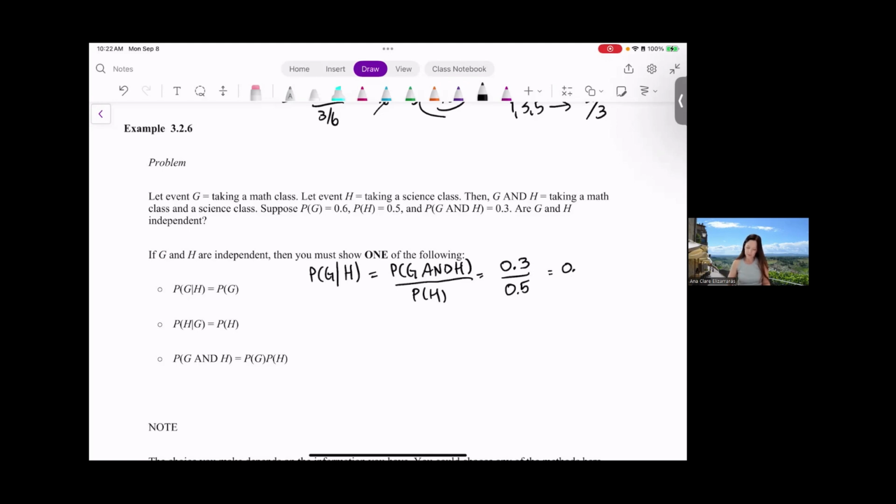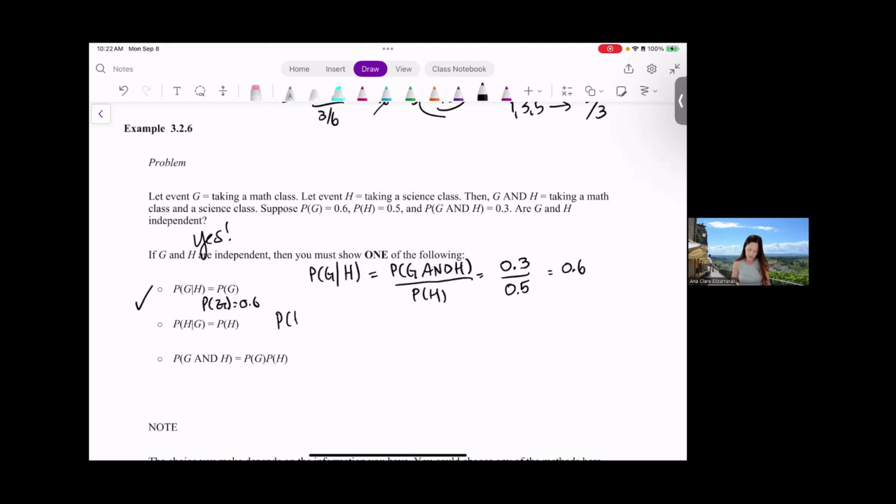That winds up being 0.6. The probability of G is 0.6, and because those are equal, yes, we have independence. So we verified it here. I'm going to continue to verify using the other methods as well.